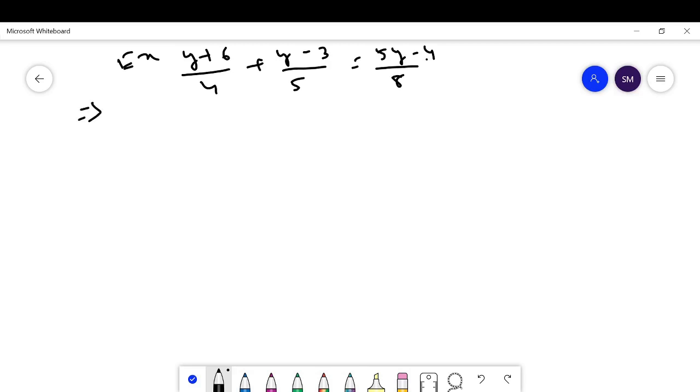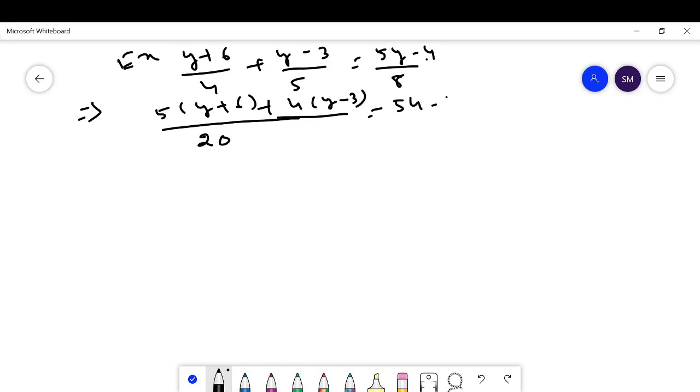Take the LCM on the left side. 5 and 4 LCM is 20. 5 into y plus 6 plus 4 into y minus 3 is equal to 5y minus 4 upon 8. Then you open the bracket. This is 5y plus 30 plus 4y minus 12 is equal to, here 20 is at the denominator.